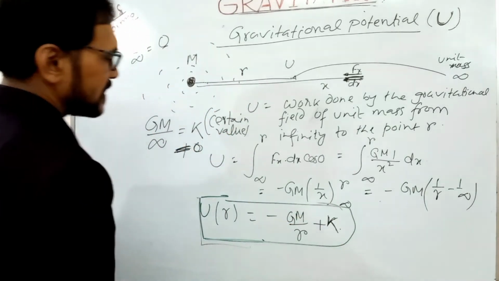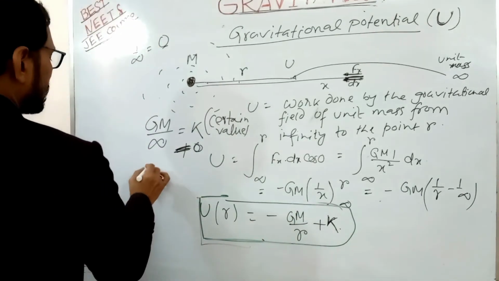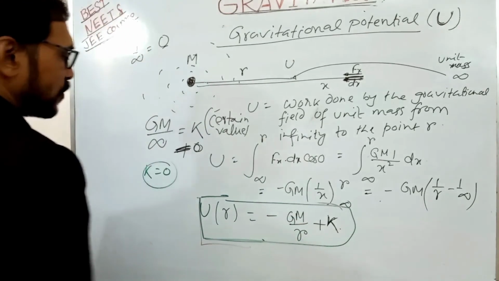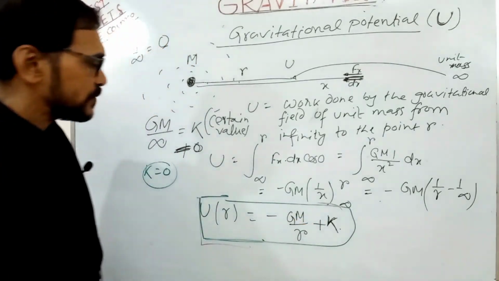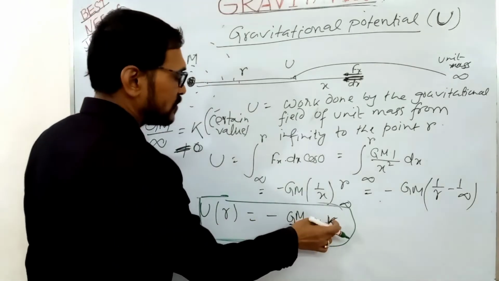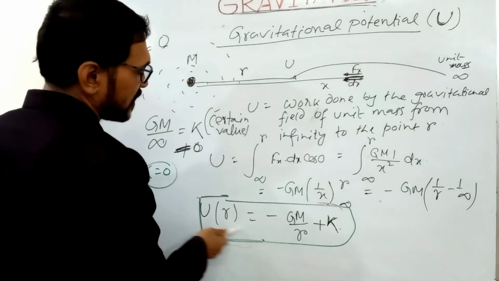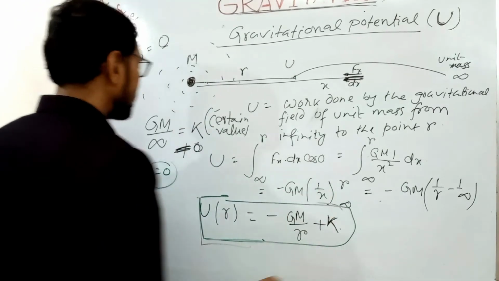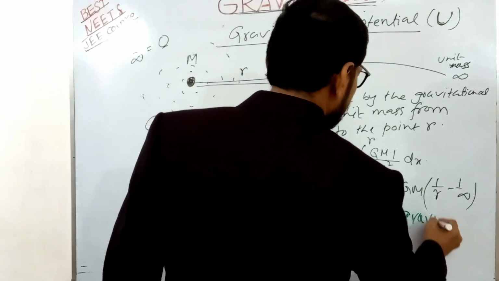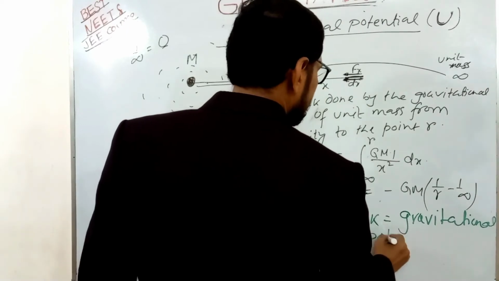This is the actual result. K is the gravitational potential at infinity. Generally we take k equal to 0, so the value is minus GM by r. But when the gravitational potential at infinity has a value k, then we use this formula, u(r) equals minus GM by r plus k, where k equals the gravitational potential at infinity.